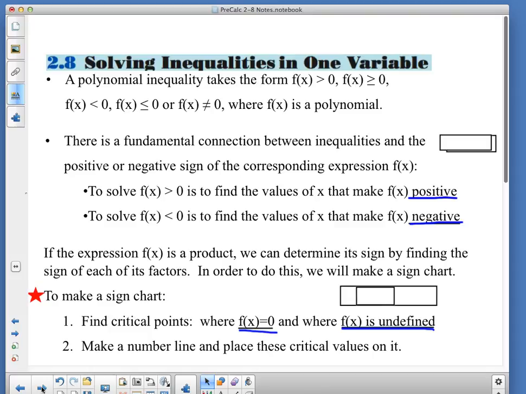Okay. If the expression of f of x is a product, we can determine its sign by finding the sign of each of its factors. In order to do this, we'll make something called a sign chart. So really what I'm relying on you to know is that a negative times a negative is what? A positive. Oh wait, I said a negative times a negative, and I apologize, you answered that question. But a negative times a positive would be a negative.